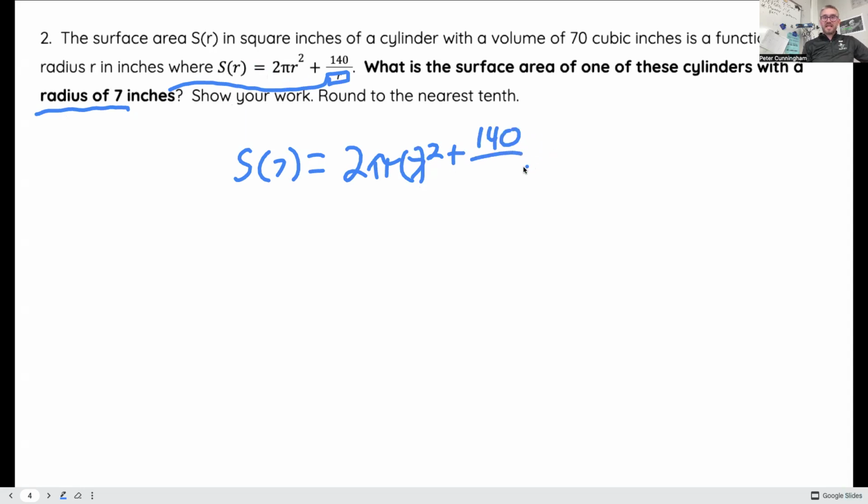So you're just taking that number, putting it into your equation. 140 divided by 7, well, that's just 20. 7 squared, that's 49. 49 times 2 pi, well, that's 98 pi.